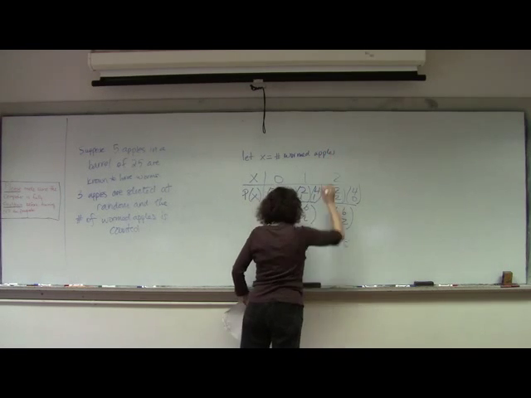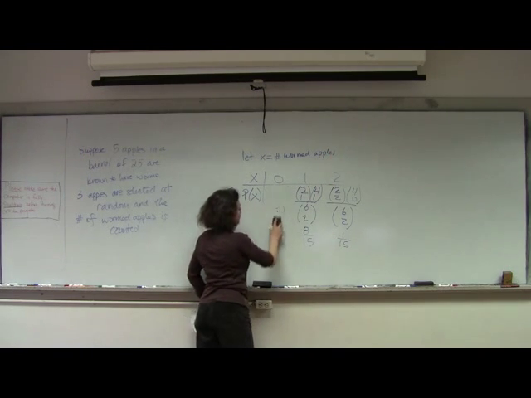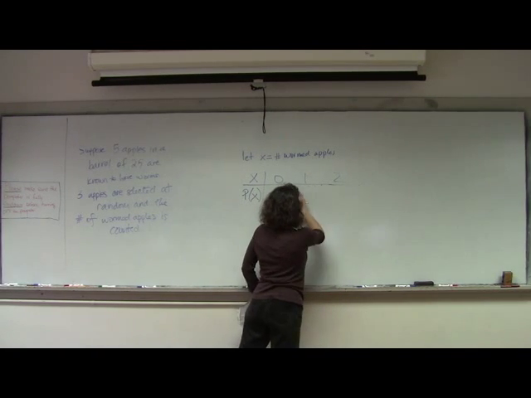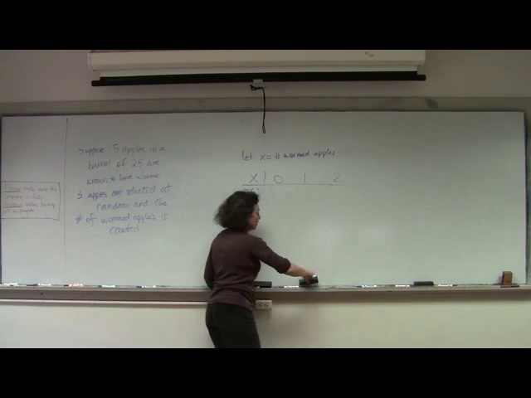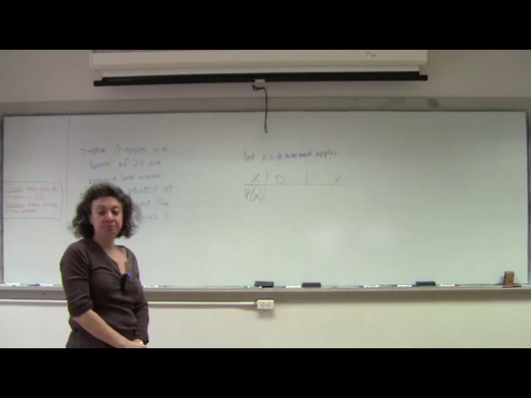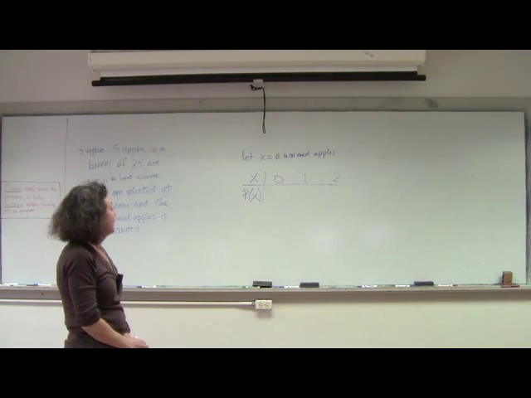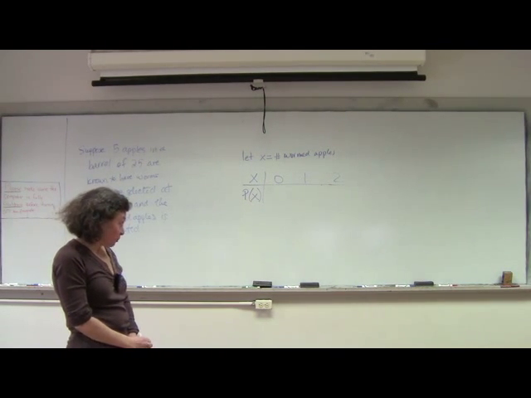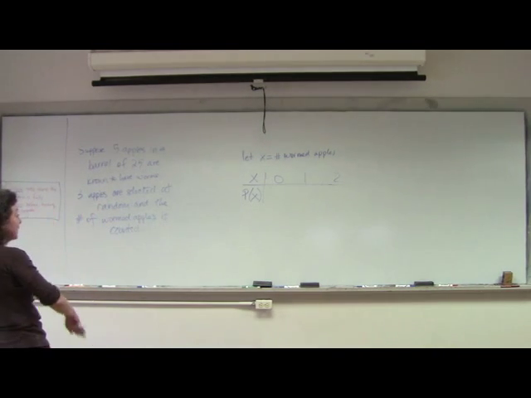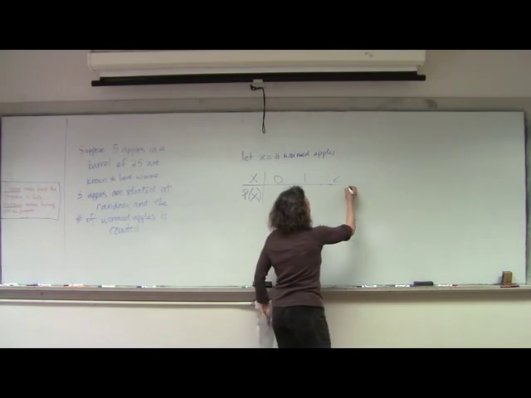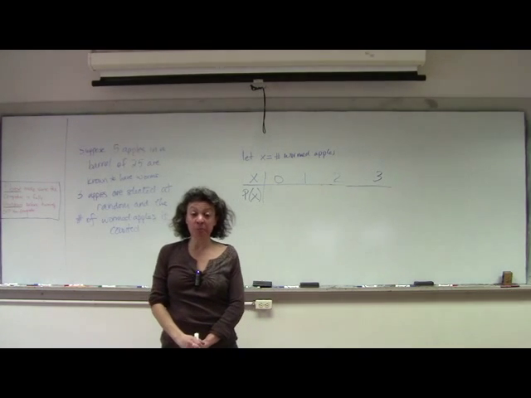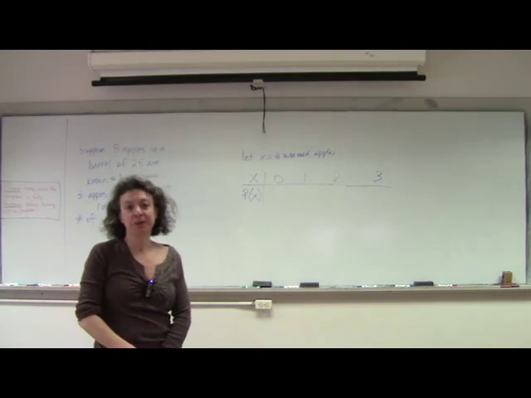Okay, so now we need to ask ourselves, well, what values of x can we have here? Well, certainly we could choose 0 wormed apples, which is our ideal situation. Or we could have 1 wormed apple, or we could have 2 wormed apples. And in fact, since we're selecting 3 apples, we could have as many as 3 wormed apples. Notice there's 5 in our barrel, however, we're only choosing 3 apples.